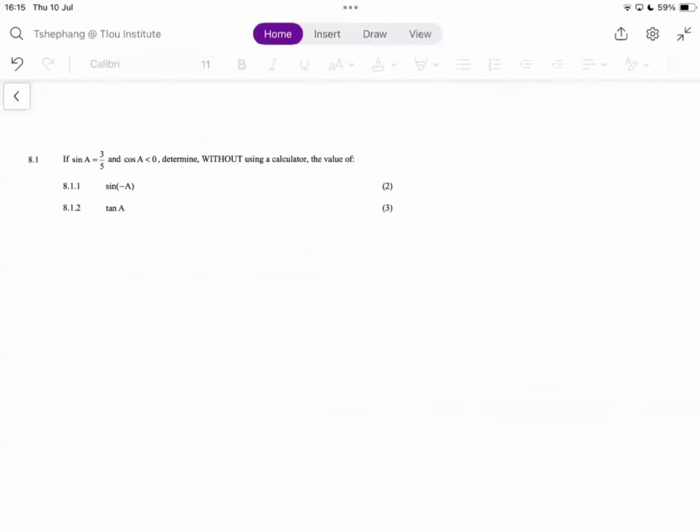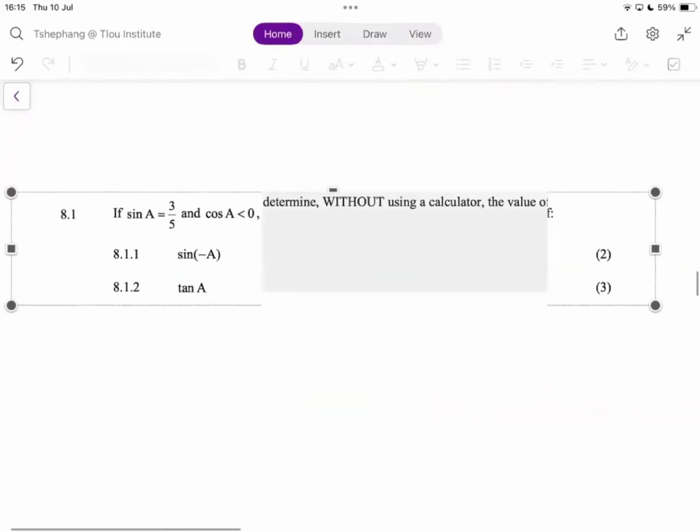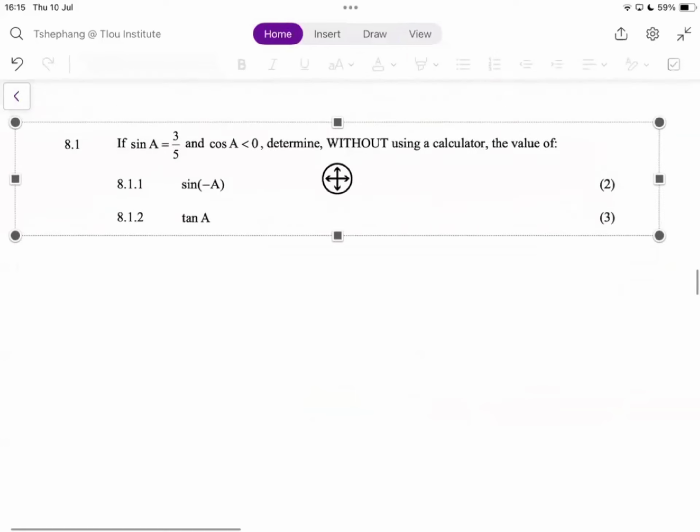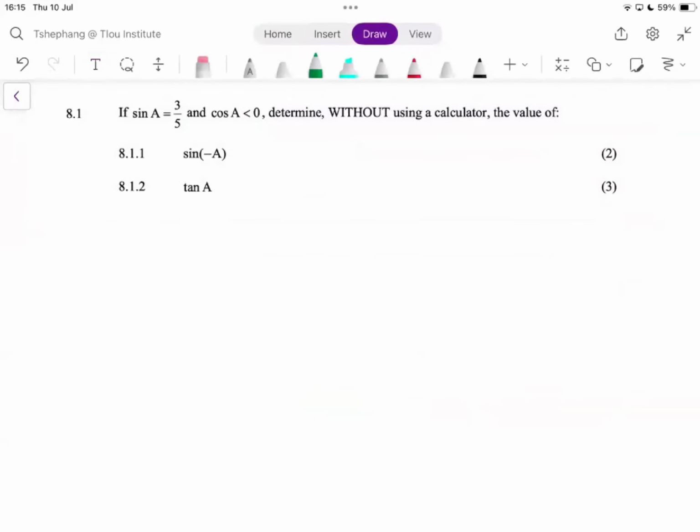I'm going to give you this one to attempt before we mark it together. I'm hoping you guys can clearly see it. It simply says, if sine of A is equal to 3 over 5 and cos of A is less than 0, determine without using a calculator the value of, firstly, sine of negative A, and then secondly, tan of A. It's going to be easy for you guys to attempt.